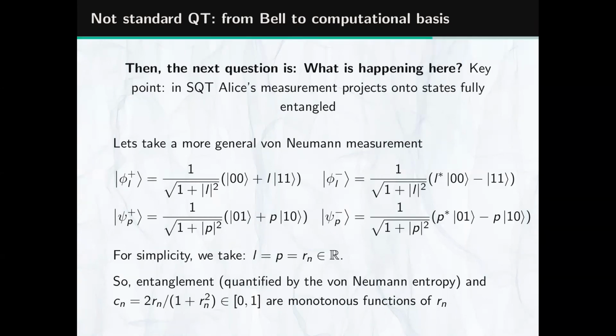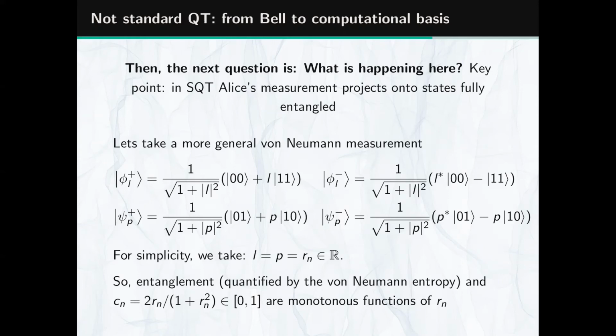Correspondingly, we will take real numbers, L and P. And as we want to do a specific task, we will take just one number, L equal to P, because if we do that, we have the same amount of entanglement in these states, and we have one parameter that parameterizes the correlations. Then it is easy to do the math.